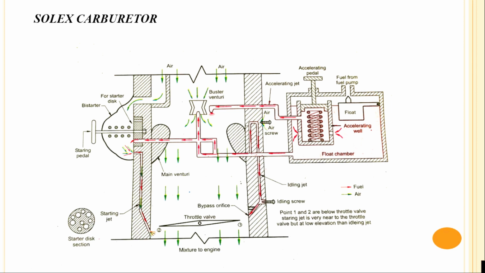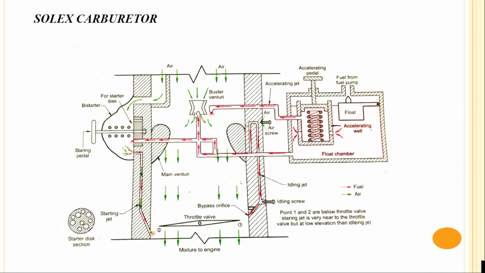A part of the total air is passed through the booster venturi, where the air velocity becomes very high, so that the injected fuel is sprayed in very fine particles and mixes with the air.